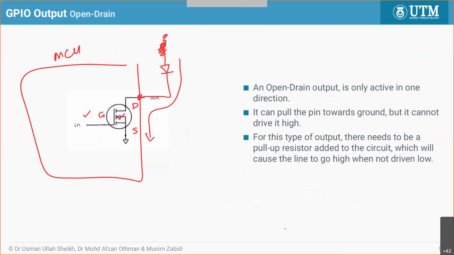If you use open drain, 1 is off. If you put 1 here, it's off. You put 0, then current can flow. But of course, here it is reverse. You put 1 here, current can flow. But at the pin itself, 0 is what makes the current flow.